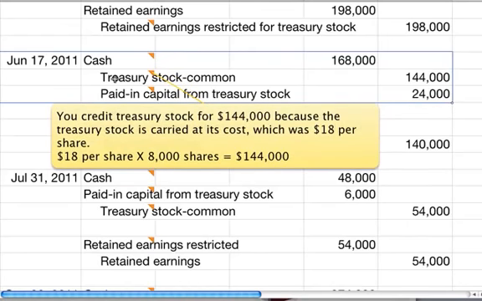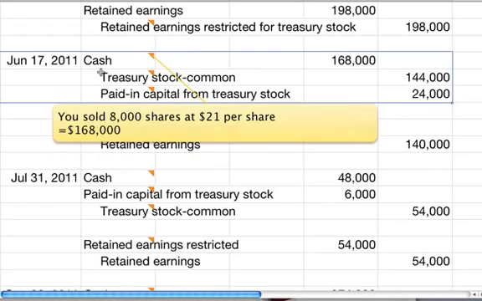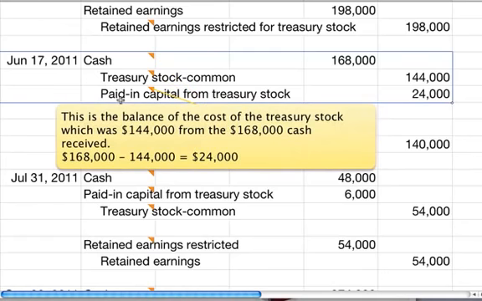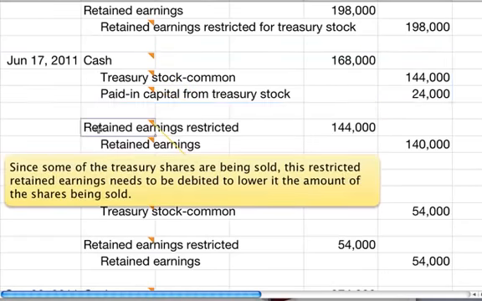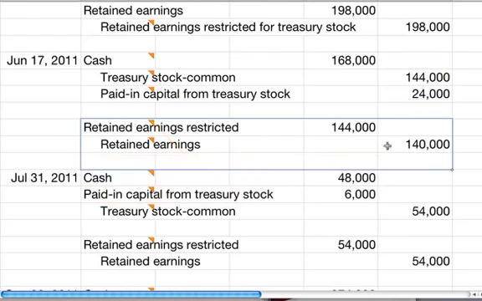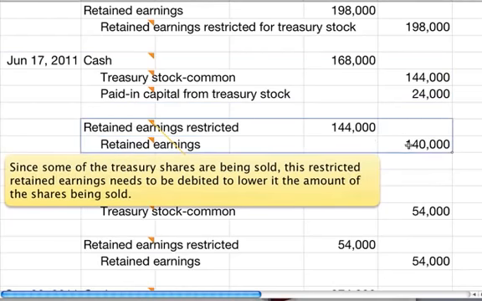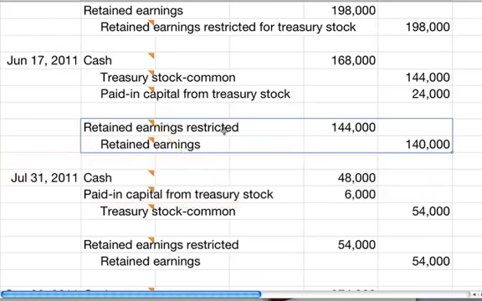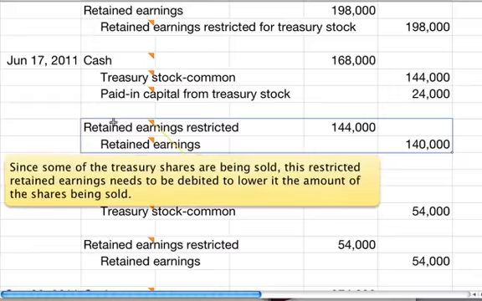You credit treasury stock for $144,000 because it's carried at cost, and the paid-in capital from treasury stock is just the balance. And then these transactions reverse, like I mentioned. Because we sold them again, we're debiting retained earnings restricted and putting that money back into regular retained earnings.